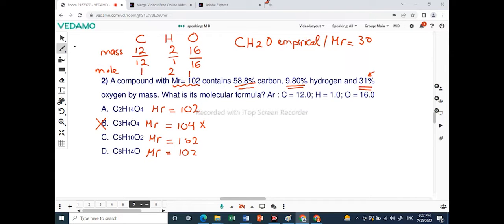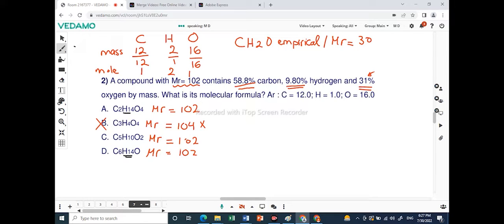I'm going to look at the different percentages given. You will find, for example, that you have 14 hydrogens here, you have another 14 hydrogens here. So the number of hydrogens presented is the same in A and D. So if I want to focus on the percentage of hydrogen, this will not give me any indication about the final answer. So I'm not going to go through the percentage of hydrogen.